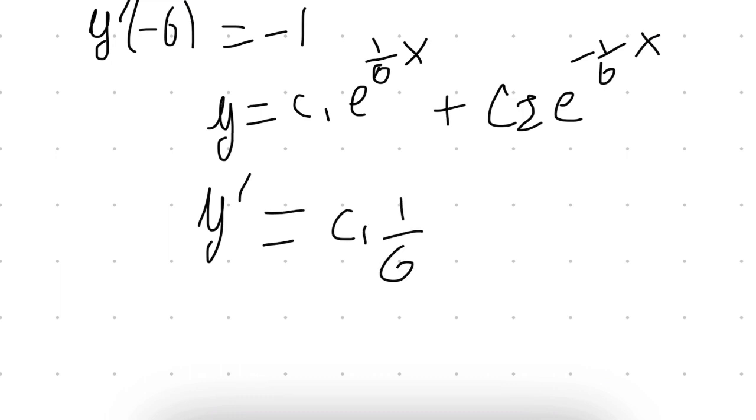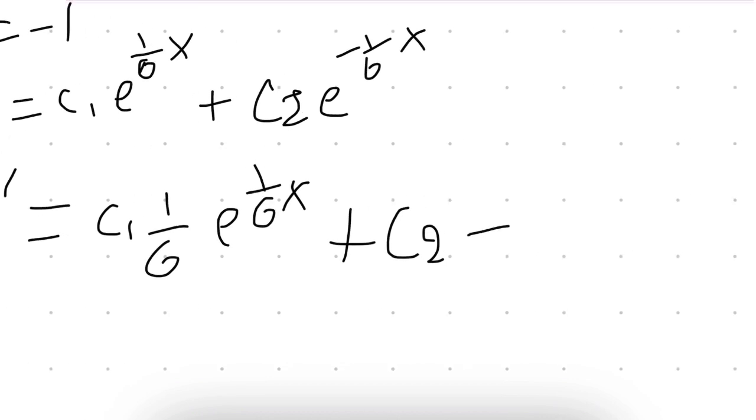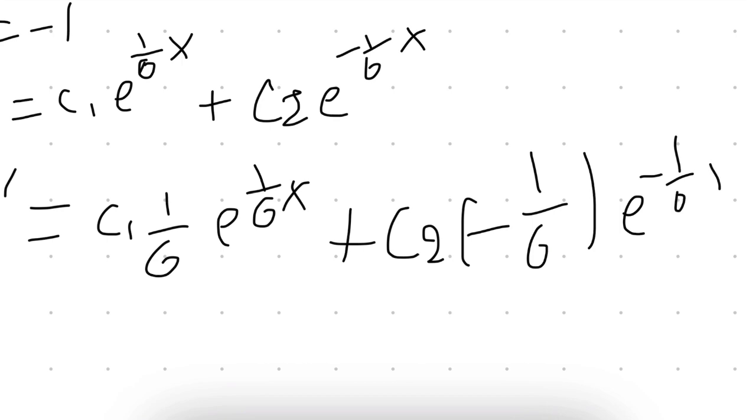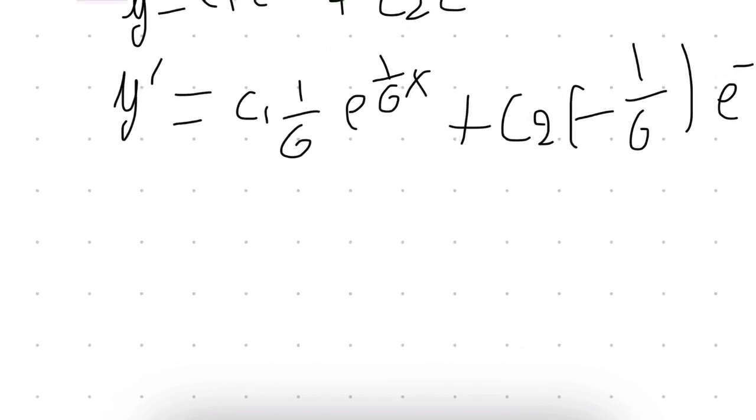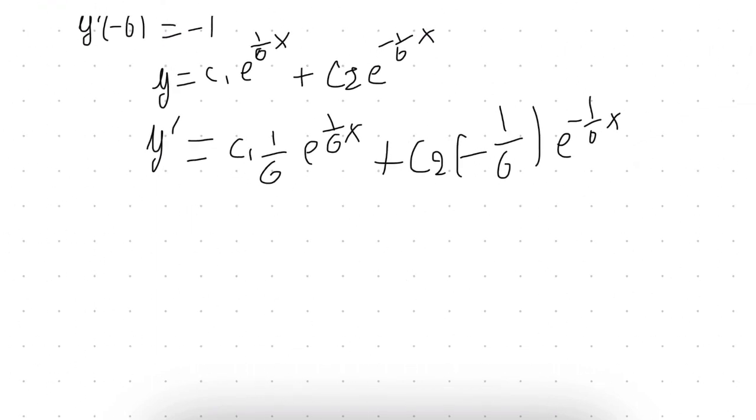C1 1 over 6 x plus C2 minus 1 over 6 x. Now that we derive, we are going to need to replace by the value here. We do the same thing that we did before.